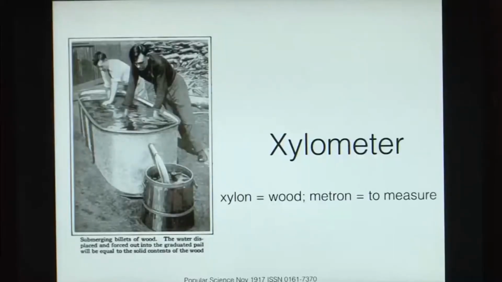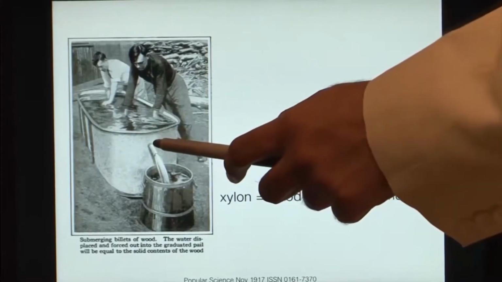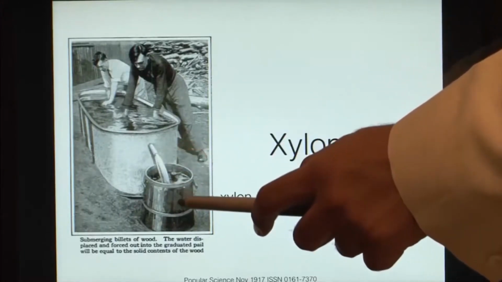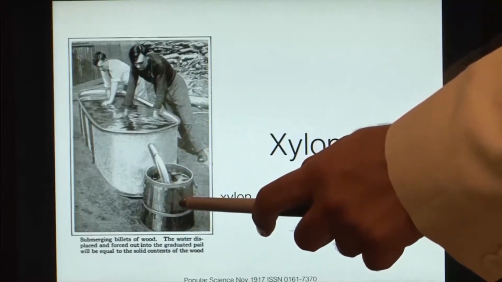Similarly, a xylometer is an instrument that is able to calculate the volume of wood. So, if we go back to the slides now, here we can see that we have a big pan which has an outlet, and here we have a small pail or a bucket.